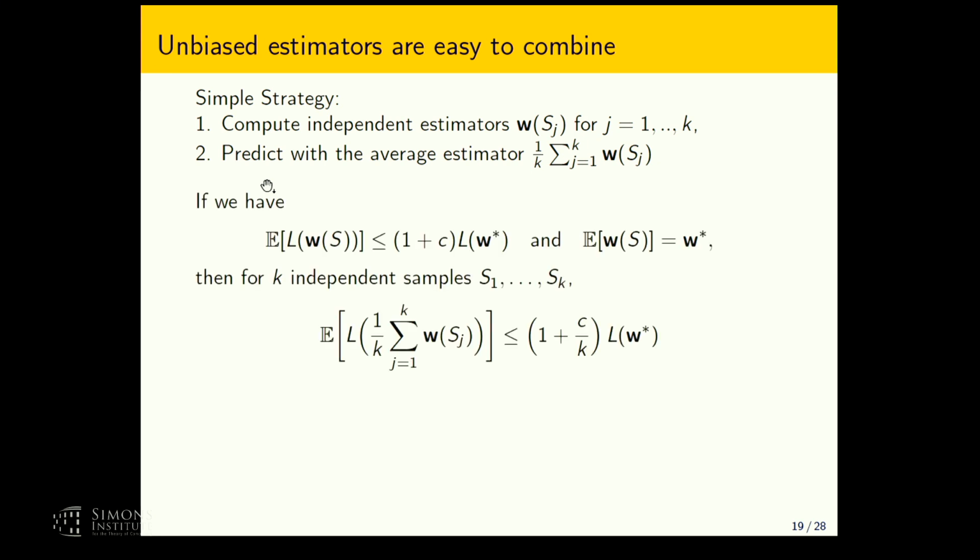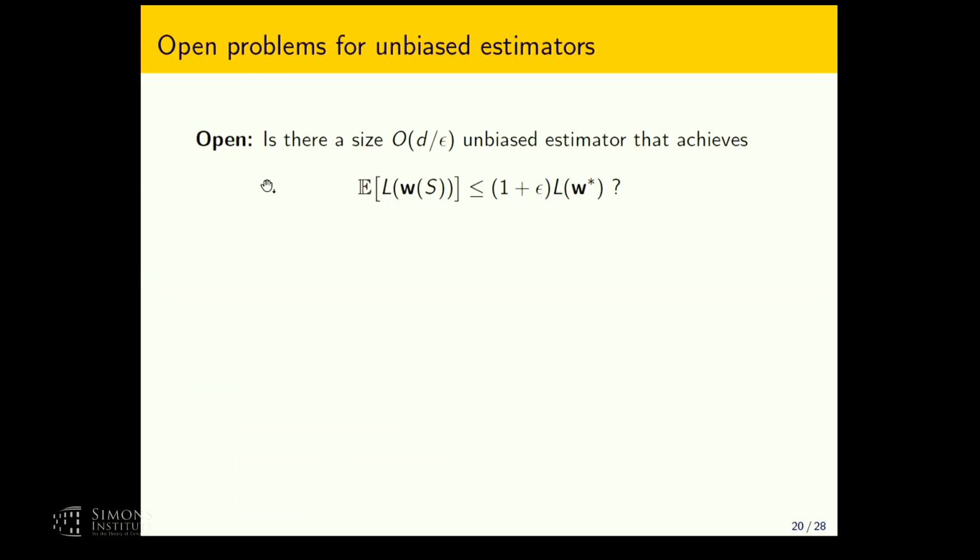And in fact, in this setup, you can immediately see that if we have an estimator that has an expected loss bound and it's unbiased, then the average of k of those estimators will have an expected loss bound that's a factor of k better. So that's kind of useful, and that exactly occurs in the case of volume sampling. And it has interesting motivations in ensemble methods, distributed optimization, and others.